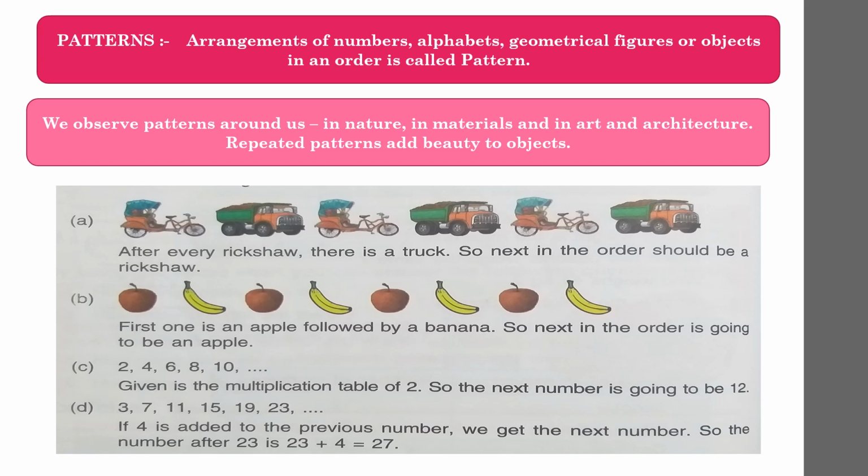When we add 4 to 3, we get 7. Again you add 4 to 7, you get 11. Again you go on adding 4, you go on getting the numbers repeatedly. So these are the 4 examples where we can see how the pattern of numbers, geometrical figures or any objects are used.